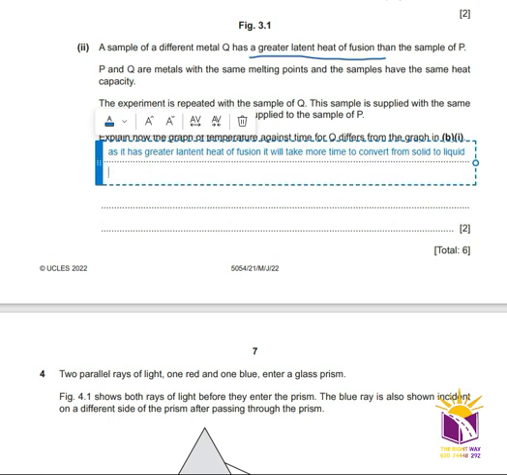So due to this, we get a longer line at 250 degrees centigrade, due to its, because it takes more energy to melt.